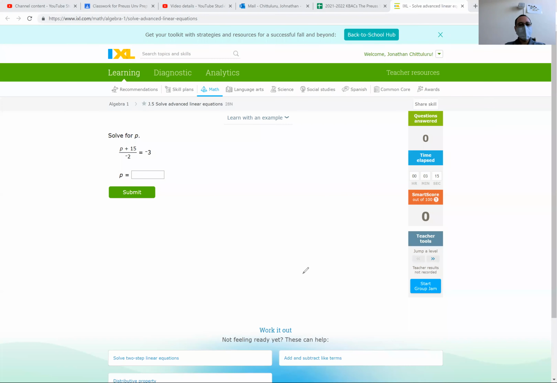So solve for P. Just like last time, we have to unpack P on the left side and then solve. The first thing we can see is that P is being divided by -2, so we have to undo that operation. We multiply both sides by -2, and we get P plus 15 equals -3 times -2, which is 6.